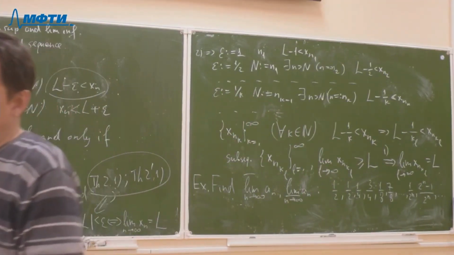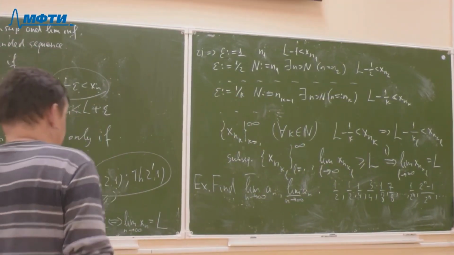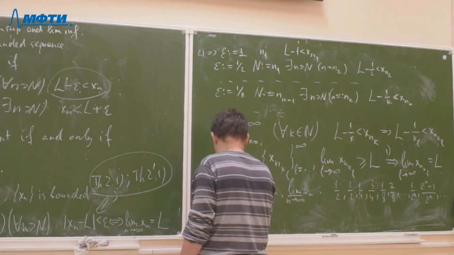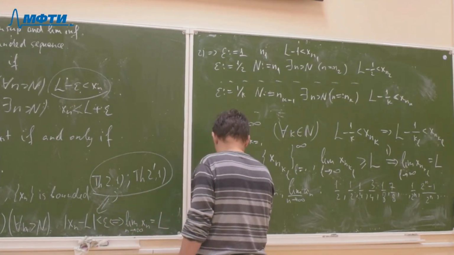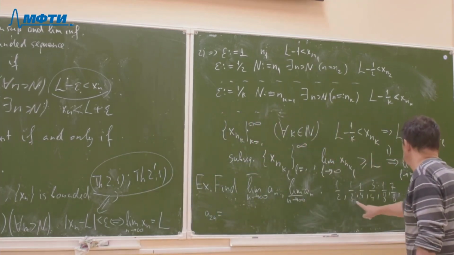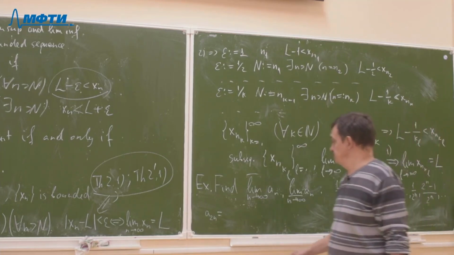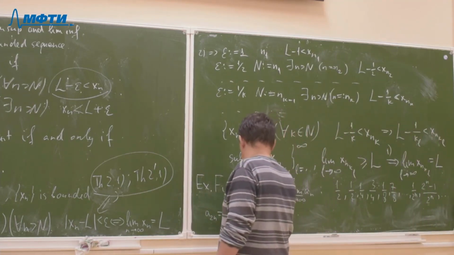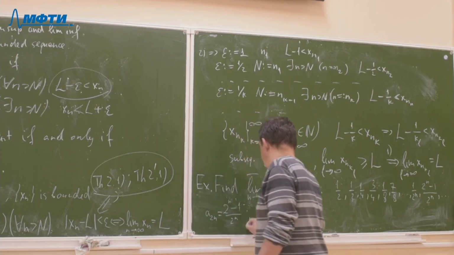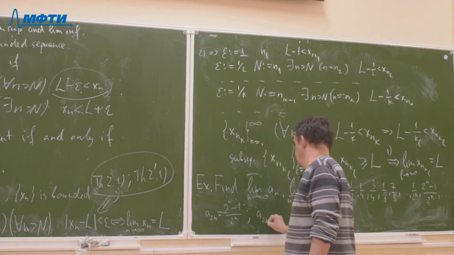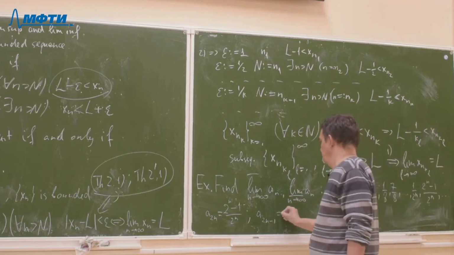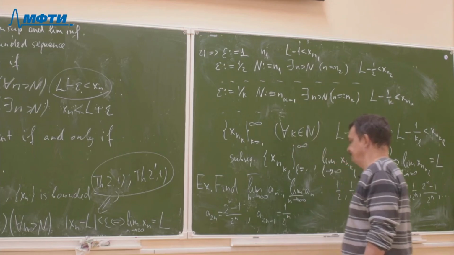Here it is easy to find two convergent subsequences. a_{2n}, with even numbers, is (2^n minus 1)/2^n, and a_{2n-1} is 1/2^n.